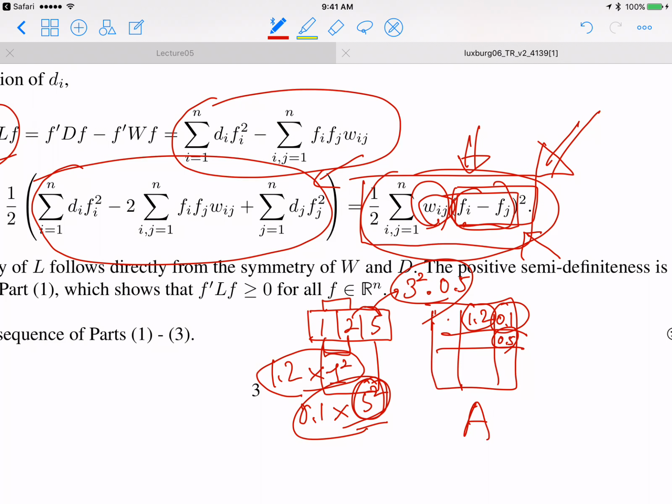Okay, and now let's try to minimize this value. One really simple way of minimizing this value is by changing the vector f.